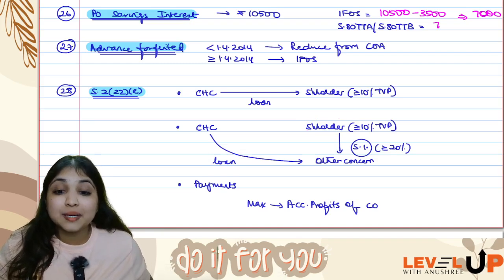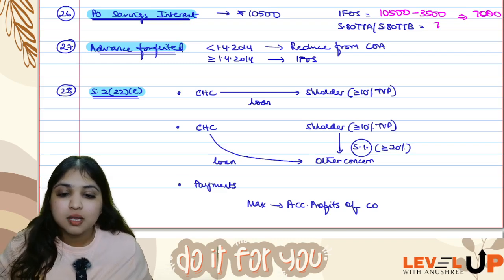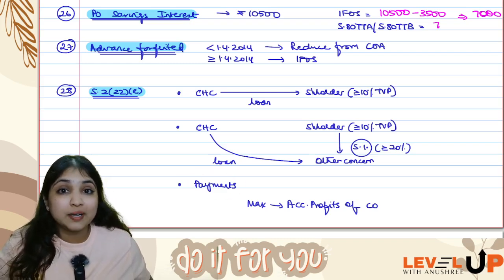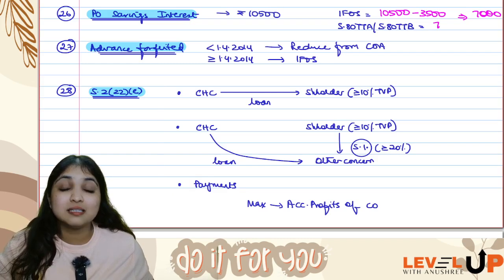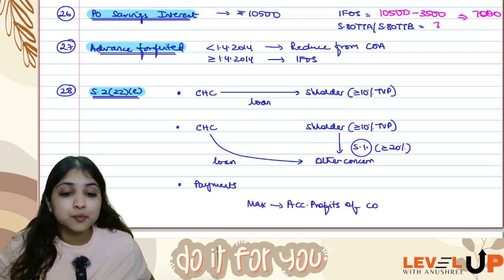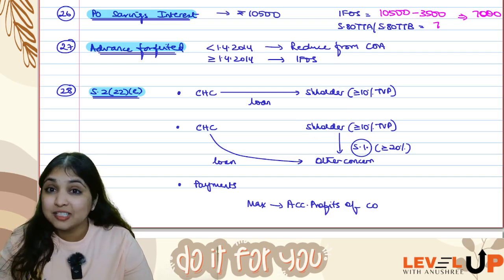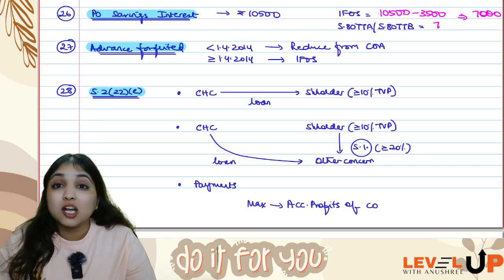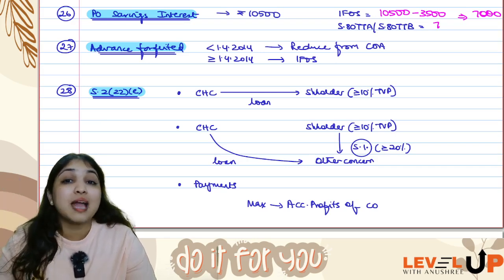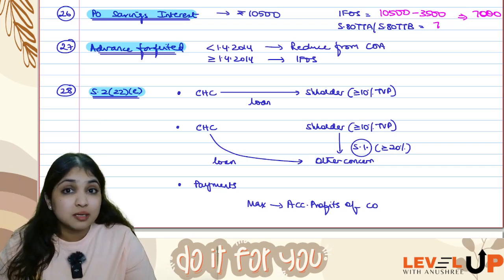Or if the closely held company is making any other payment for the shareholder, even this payment will be considered as 222E dividend. But in all the three cases, the amount is going to be taxed as dividend for whom? For the shareholder obviously. And how much will be taxed? Only up to the accumulated profits of the company. Full stop. I am not saying capitalized or not. So I am only going to consider the accumulated profits. I am not going to consider the capitalized profits. I am not going to consider bonus share capital.